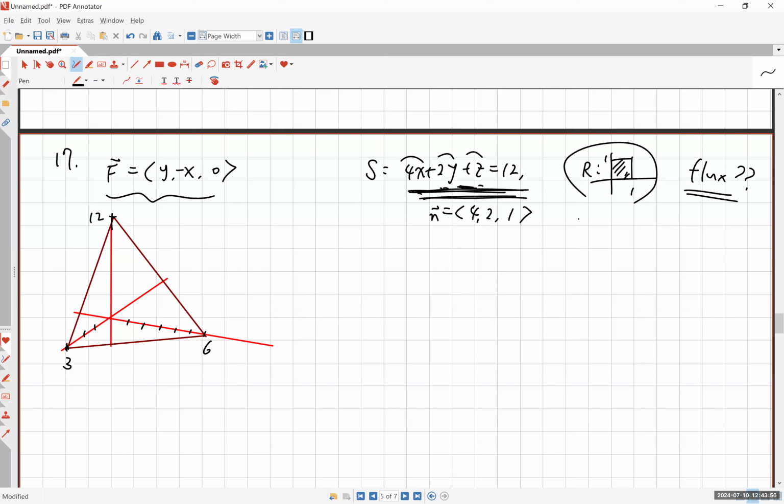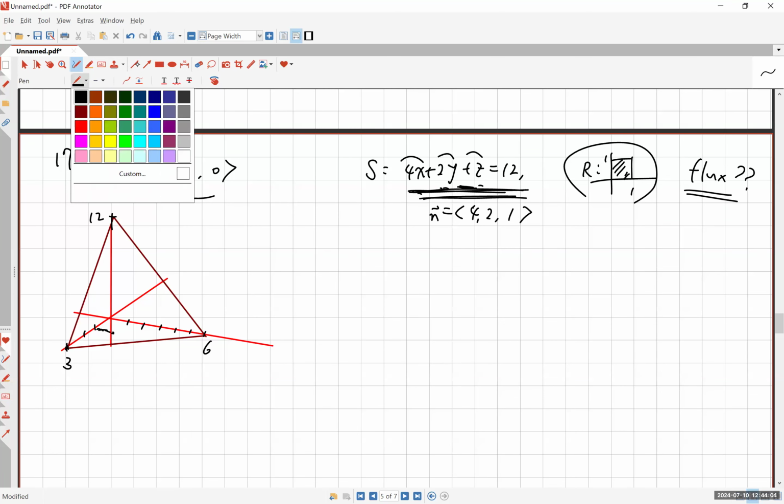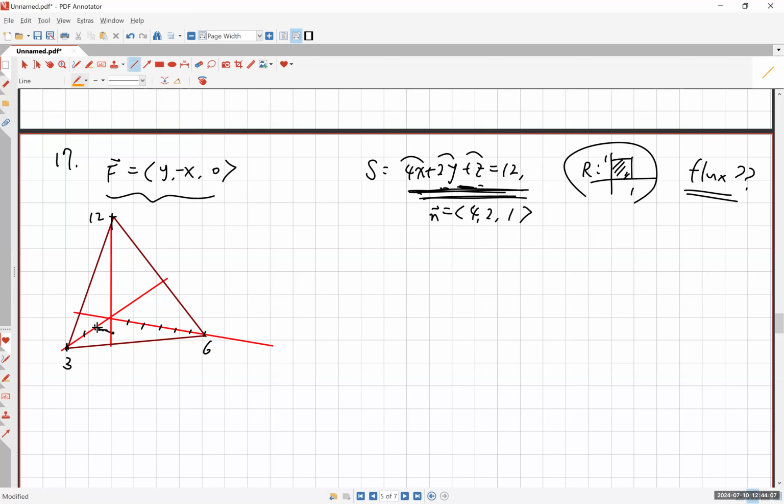The portion of this plane over the square region R, which is a 1 by 1 square. So you can just kind of draw this. Maybe I should do this in a lighter color and using lines here. Here's the line. It's going up here like this, up here like that. And 1, 1. So I don't know what the point is, but it's probably going to be something like this.